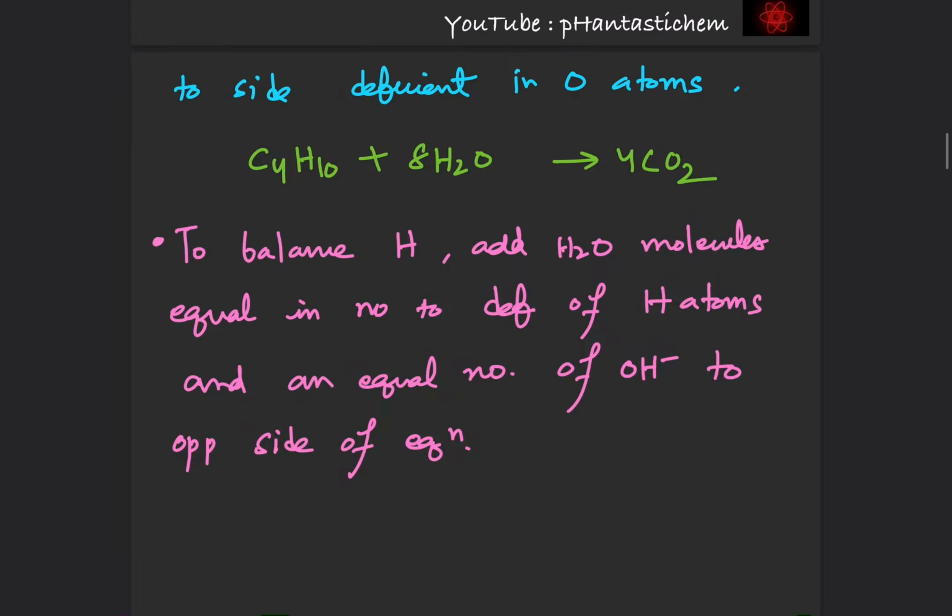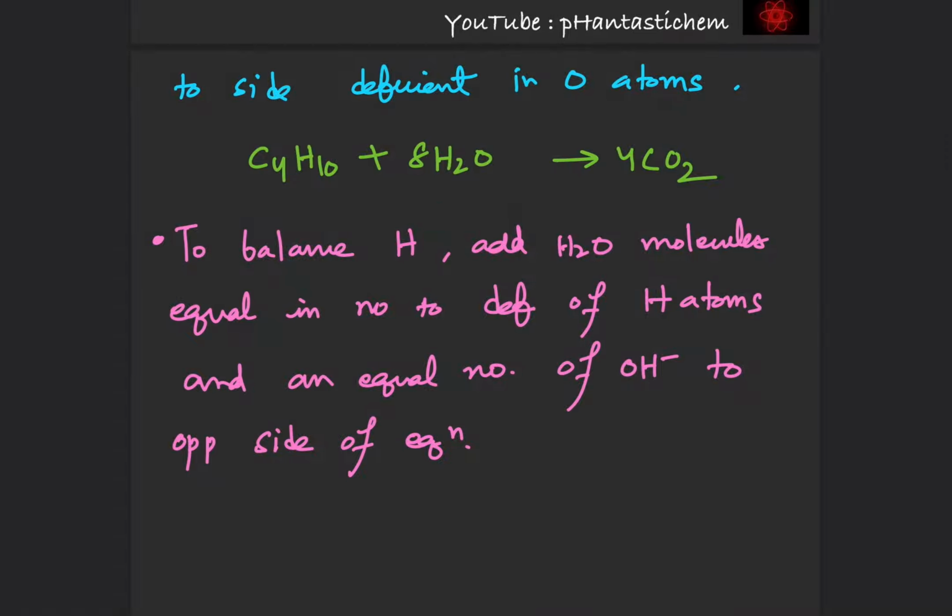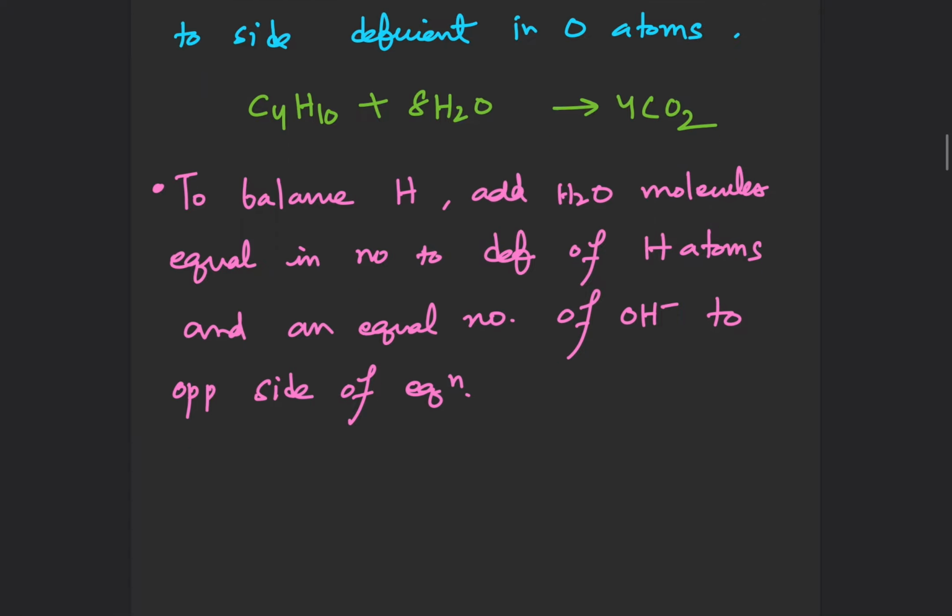And H is deficient in the RHS. You can see here we have 10 hydrogen and 16, that is 16 plus 10, we have 26 hydrogen in the LHS and 0 hydrogen in the RHS. So the deficiency of hydrogen is in the RHS and the deficiency is 26. So add 26 moles of H2O in the RHS.